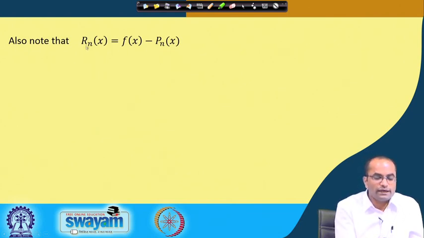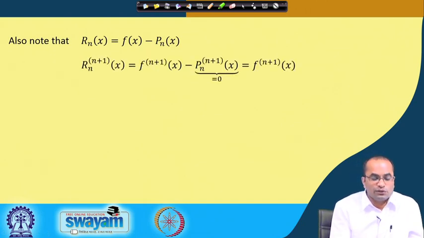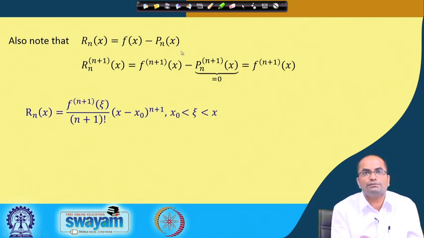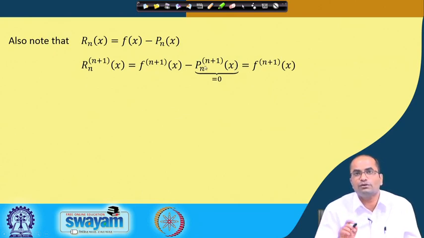So, now we note that this R_n(x), which we have defined, was the difference between the function f(x) and p_n(x). So, if we take the (n+1)th derivative here of this remainder term, the (n+1)th derivative of f minus the (n+1)th derivative of p_n, because p_n was the polynomial of degree n.